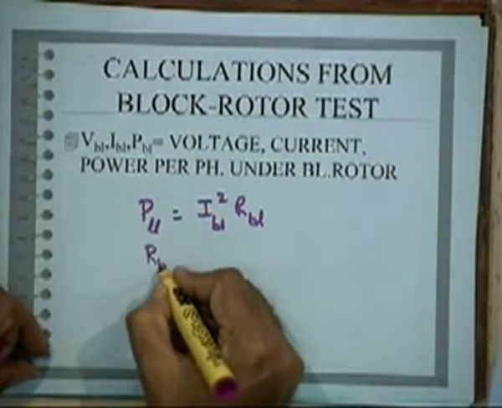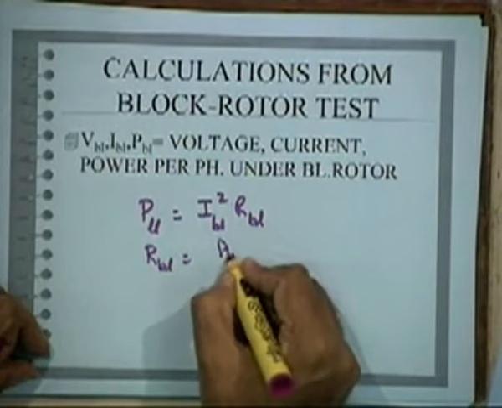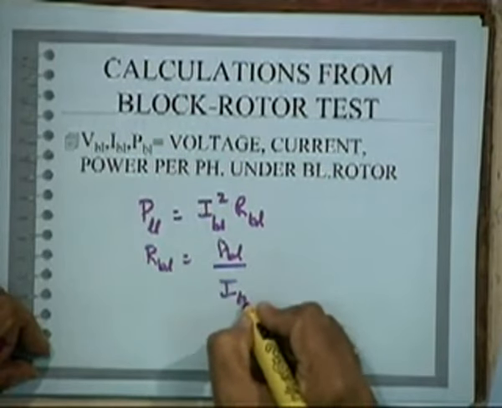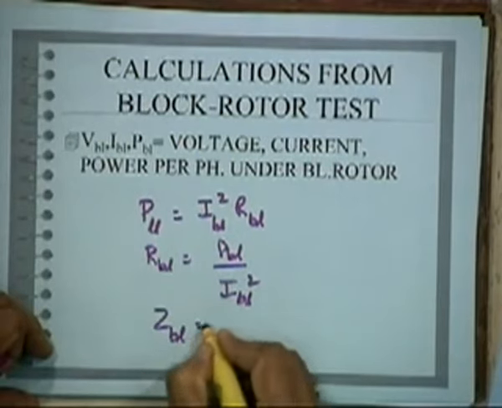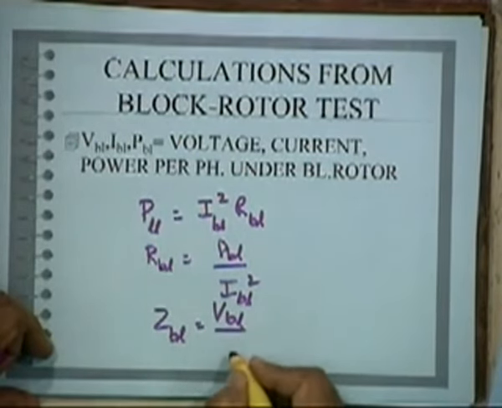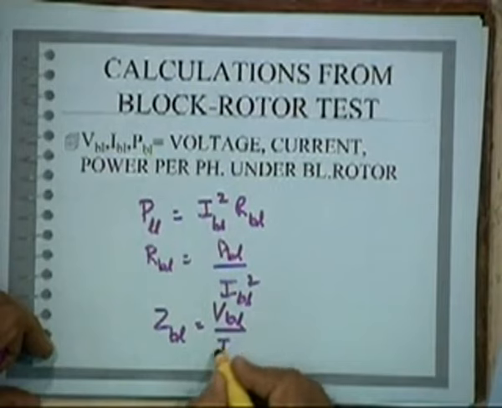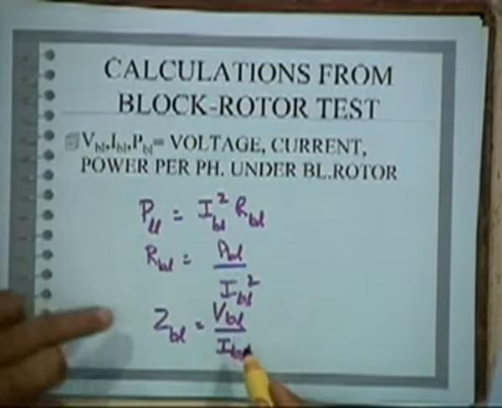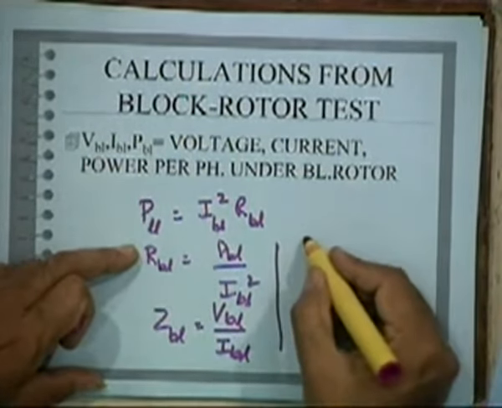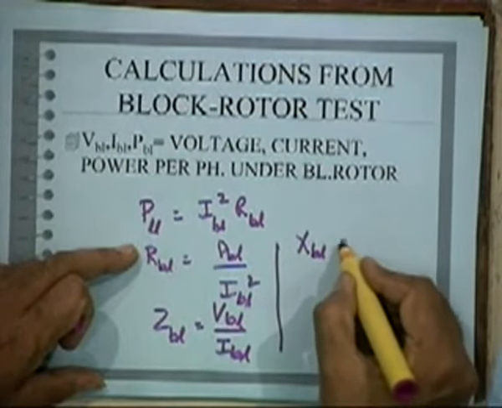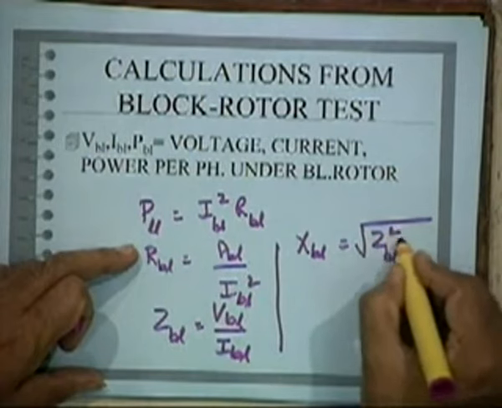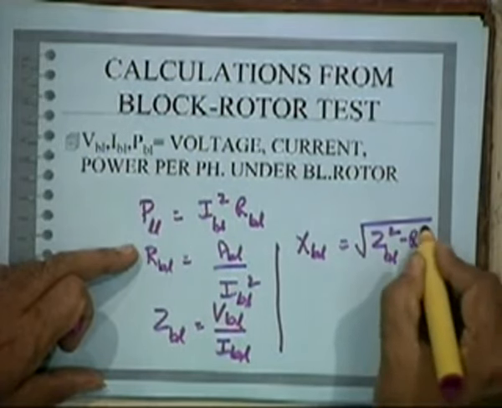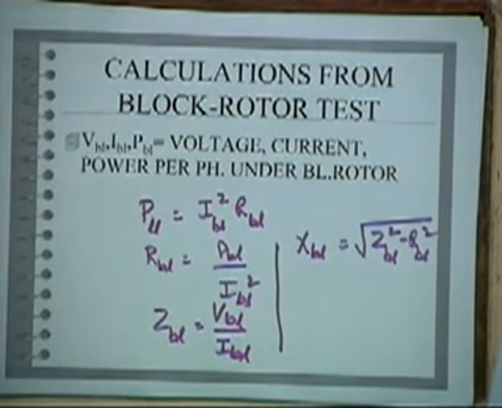Therefore RBL will be PBL by IBL square, and Z blocked rotor will be V blocked rotor by I blocked rotor. And therefore X blocked rotor will be equal to square root of Z blocked rotor square minus R blocked rotor square. This is simple. So you have got three values, you can calculate the impedance, it is not a big deal.